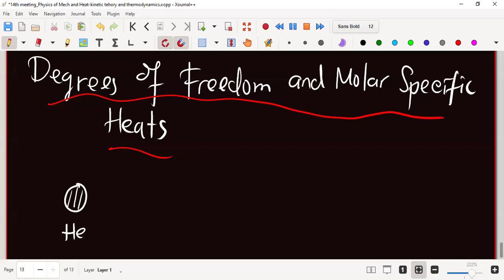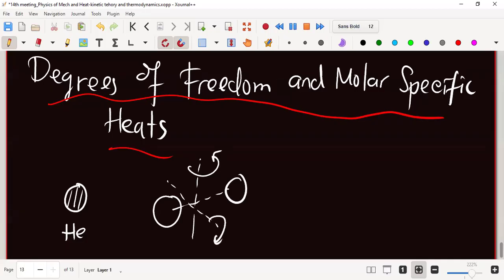But for oxygen, there are two atoms like this, so it can rotate around this axis or that axis. So more degrees of freedom. This one is an example of O2, oxygen.